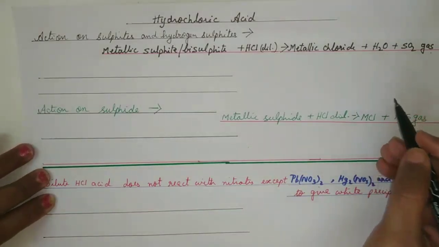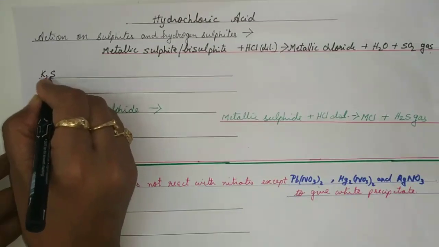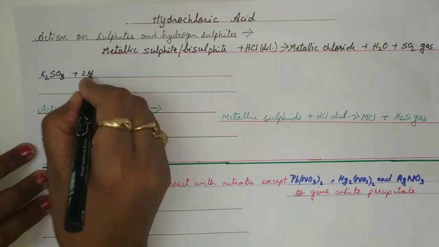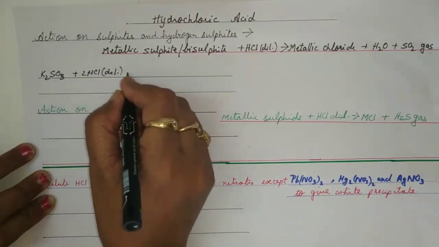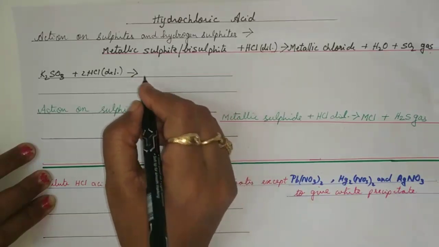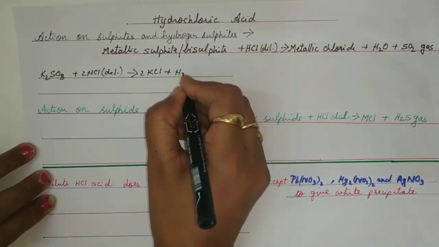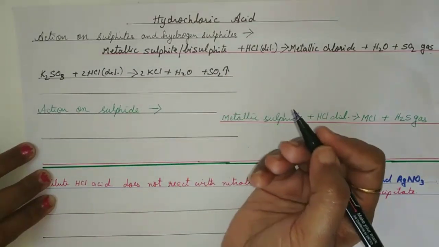And to show you the reaction, maybe I will show you with potassium sulfite plus dilute HCl acid, giving you the salt, that is potassium chloride, plus water plus SO2 gas.